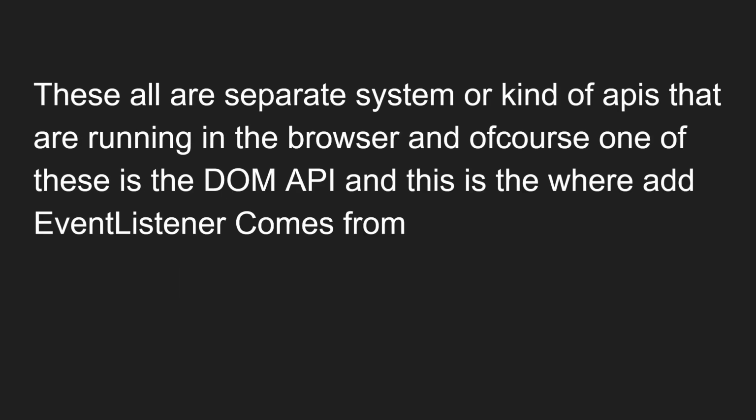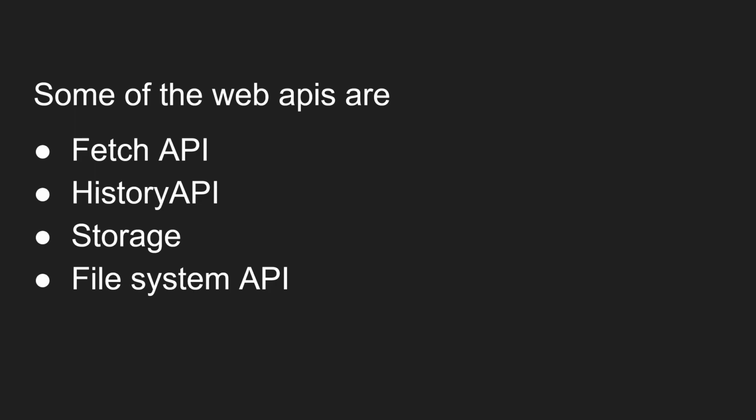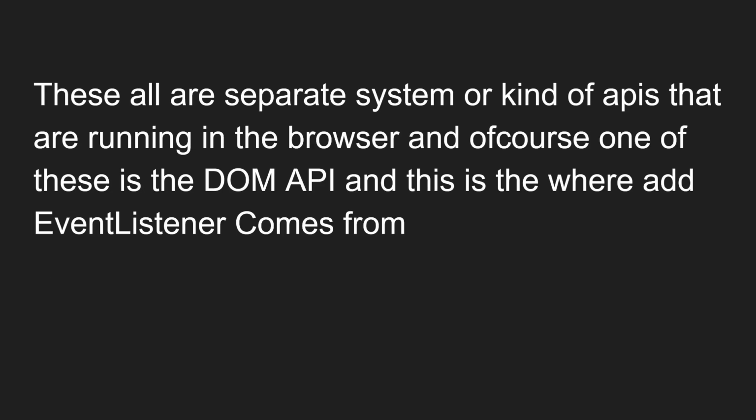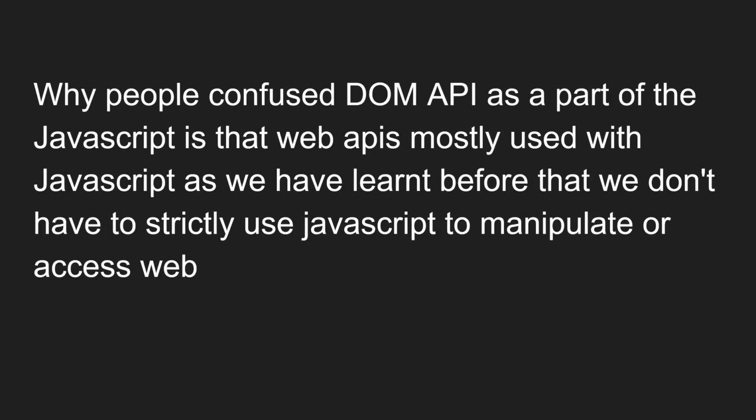These are all separate systems or kinds of APIs running in the browser. And of course, one of these is the DOM API, which is made available by the browser. This is where the AddEventListener method comes from.